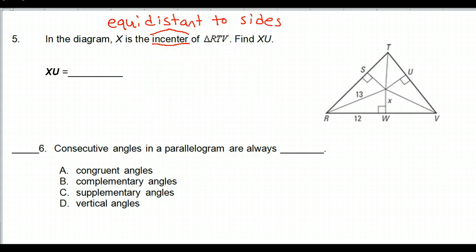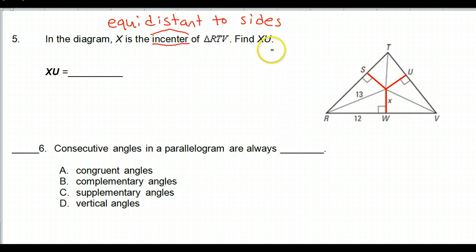So that means the following 3 lengths are all equal. These 3 lengths are the distances to the sides. And we are supposed to find XU. Well, we are not given any of these 3 lengths, but we can find WX right here.